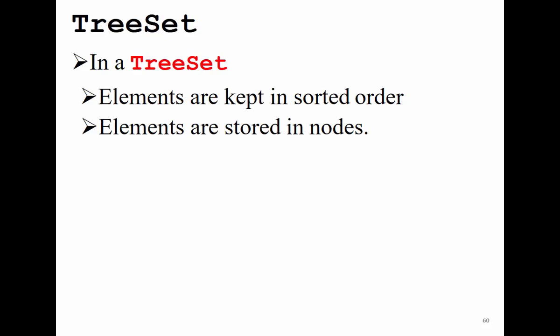Okay, that's the answer. The TreeSet. The TreeSet is different from the set. It is a class that keeps things in sorted order. So it stores the elements inside nodes and keeps the sorted order of the elements.